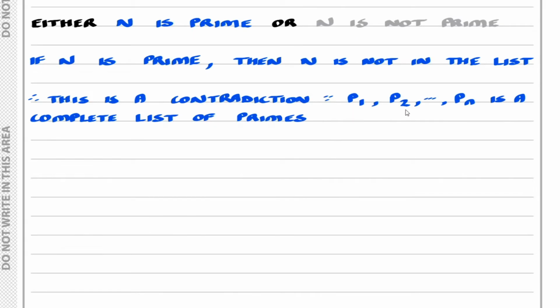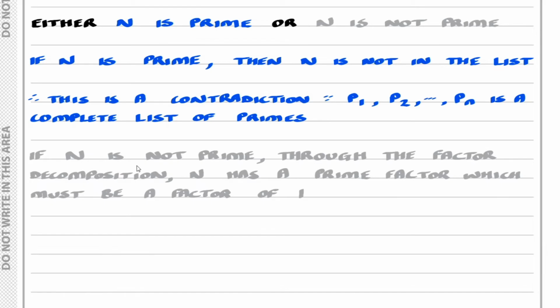So that's because p1, p2, etc. up to pn is a complete list of primes. Now if n is not prime, through the factor decomposition, n has a prime factor which must be a factor of 1, which is impossible because 1 only has factors of 1 only.